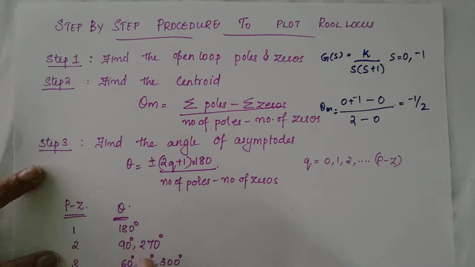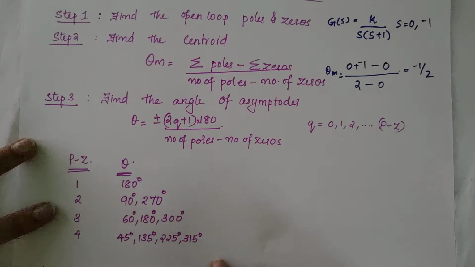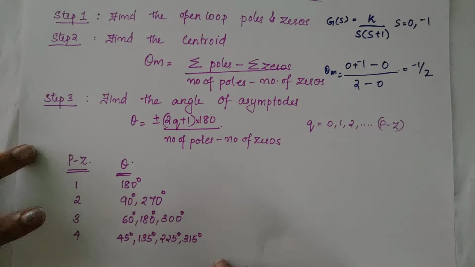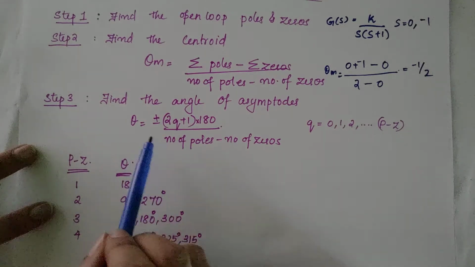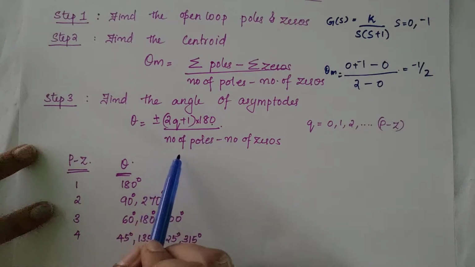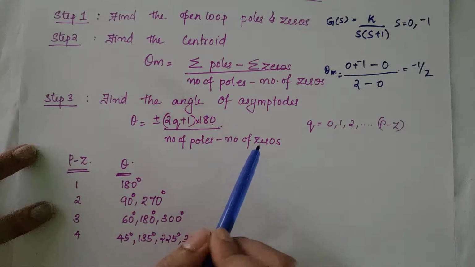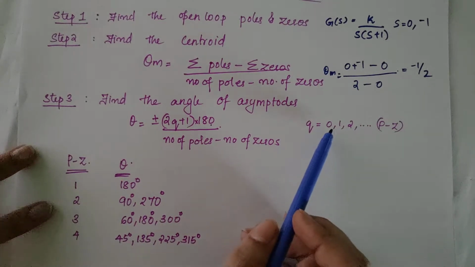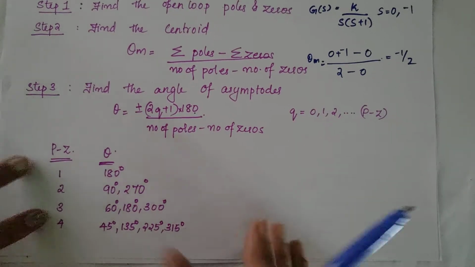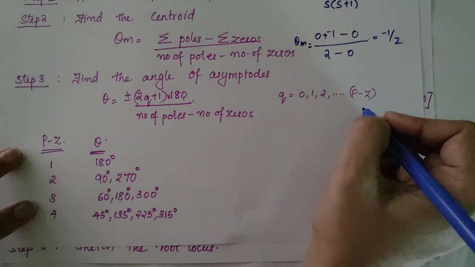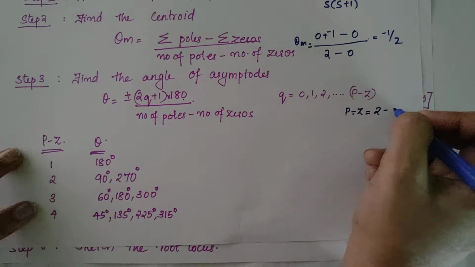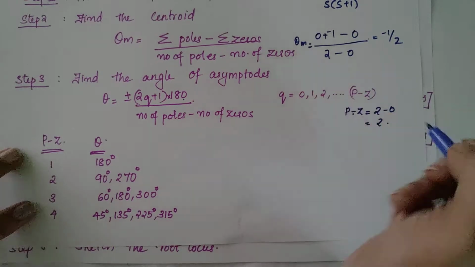Then step 3 is find the angle of asymptotes. For finding the angle of asymptotes, we have the equation plus or minus (2q plus 1) into 180 divided by number of poles minus number of zeros, and q varies from 0, 1, 2 up to p minus z. Here p minus z is equal to 2 minus 0, which is equal to 2.